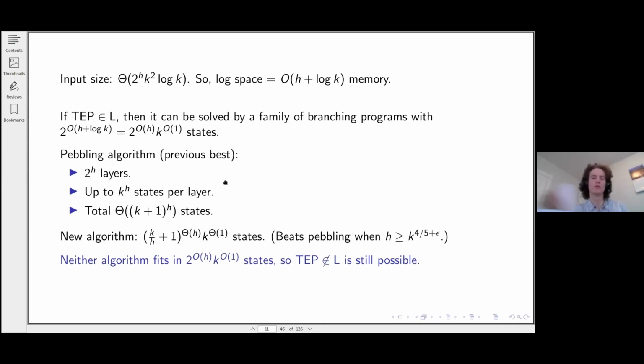Certainly we were normally thinking of k as being somewhat larger than h. But even k equal h equal log n was giving something like super polynomial. So in this setting, you get a polynomial upper bound.